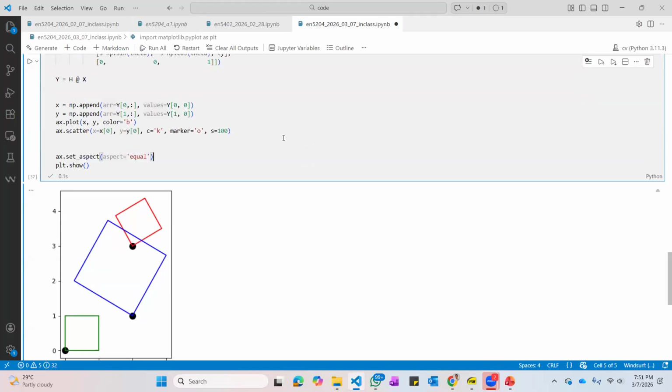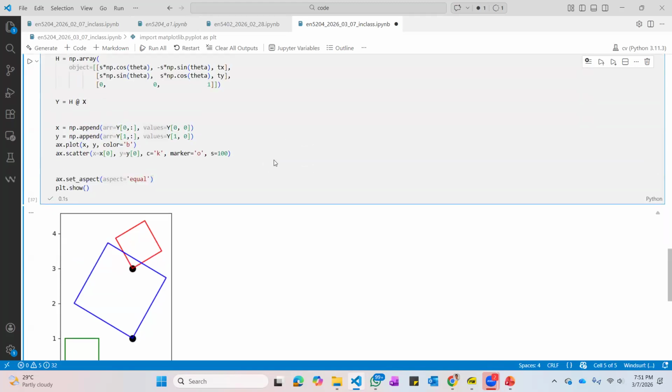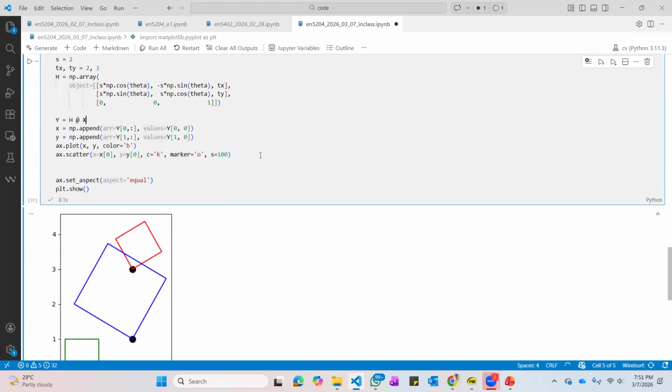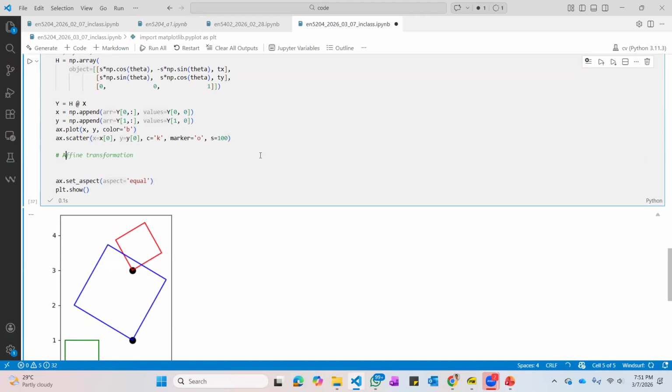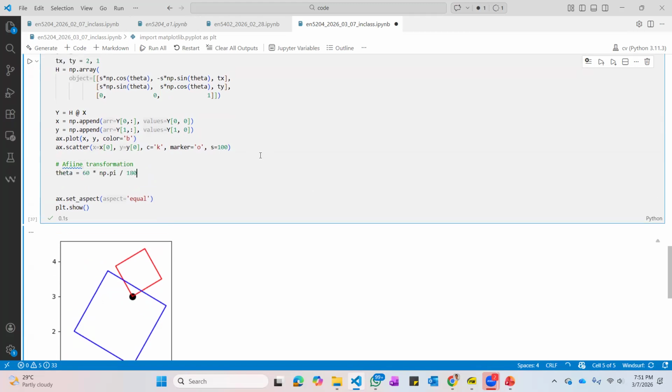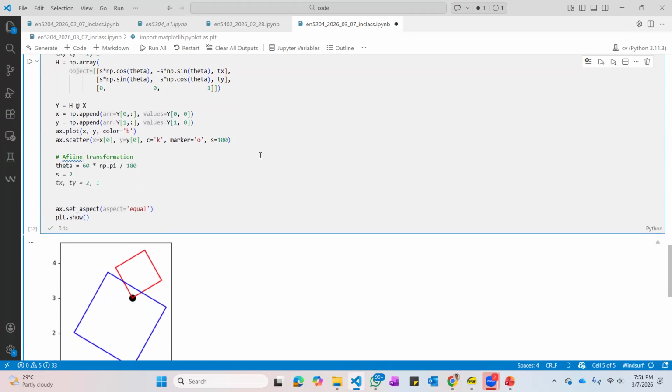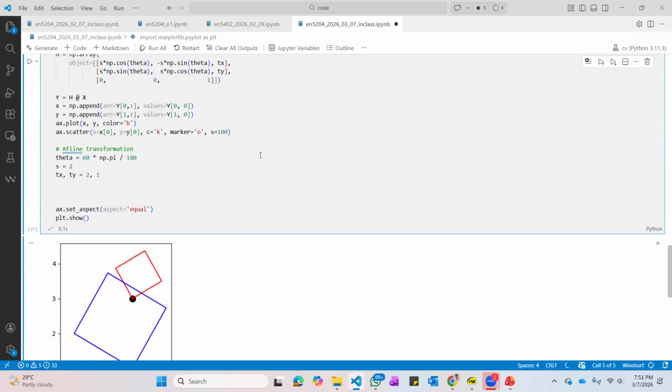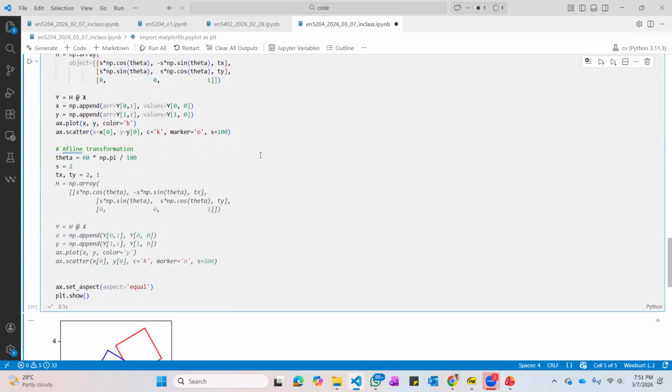Then do the affine one. Let's try to see whether this AI prompting can do that. And it's gone crazy. Oh, this is not correct.